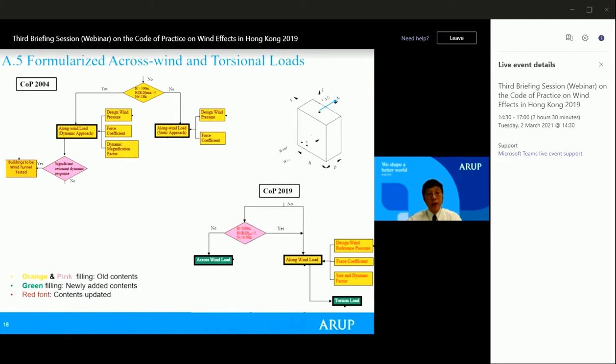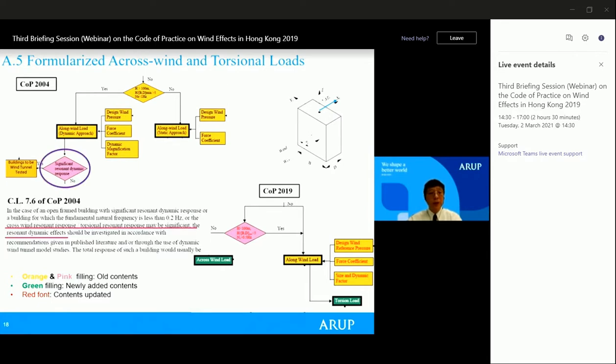After calculating the along wind, now we need to formulate the crosswind and torsional load components. In the old 2004 code, in clause 7.6, it stated that if the crosswind resonant component response is significant, then such effect should be considered in the calculation.